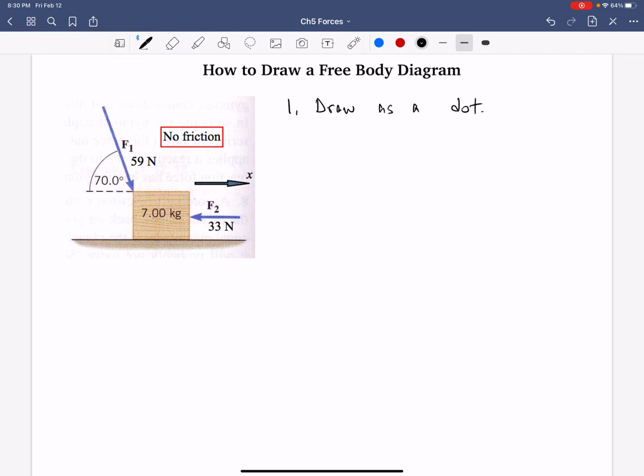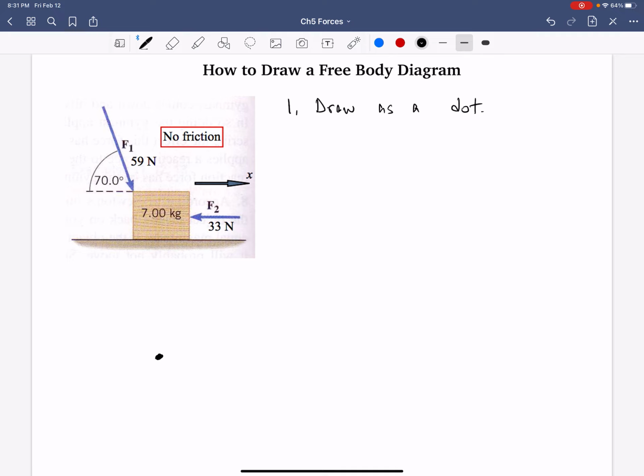That's it. So this block here, we can symbolize as a dot. It doesn't matter if that's a square block, if it's a person, if it's a car, if it's a rocket ship. I don't care. Whatever shape, whatever mass, it's a dot, in these free body diagrams. You'll see why momentarily.